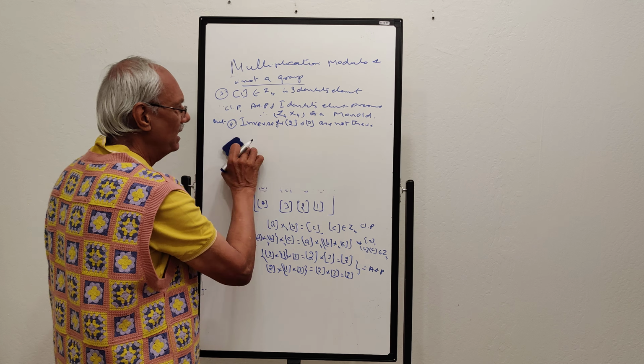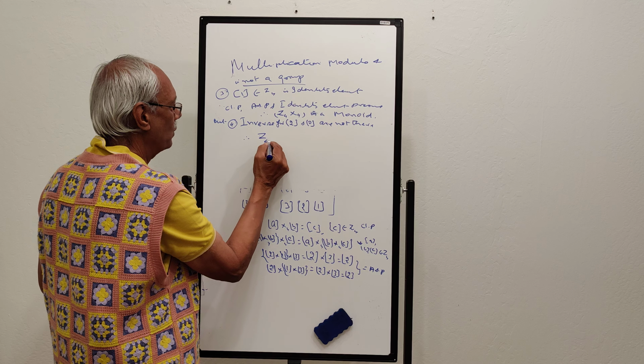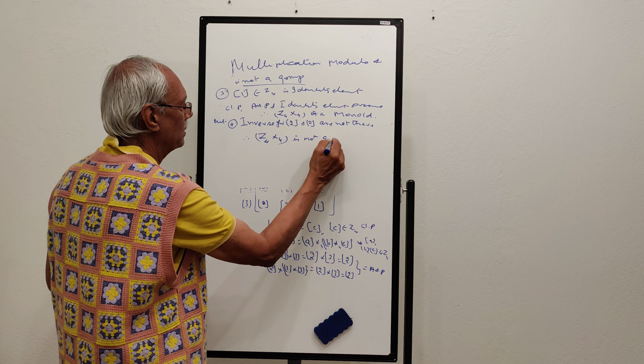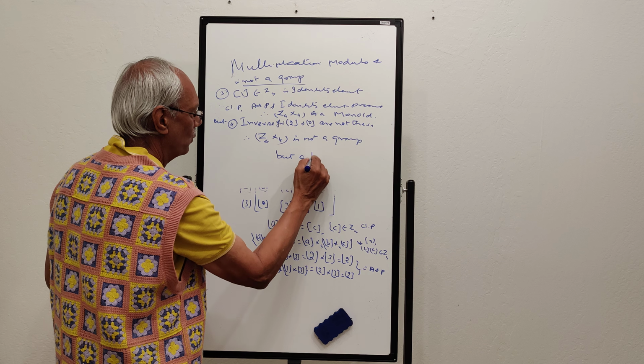Hence Z4 under multiplication modulo 4 is not a group but a monoid.